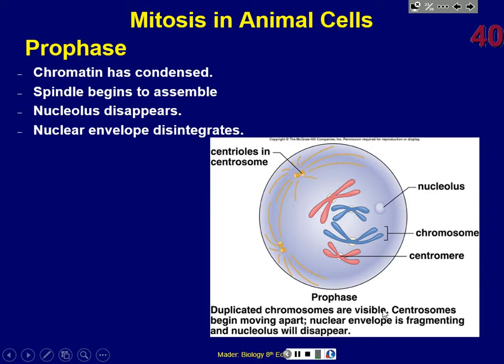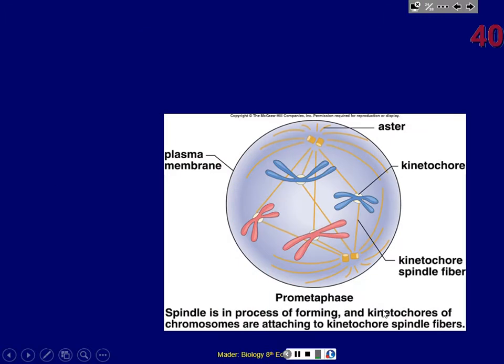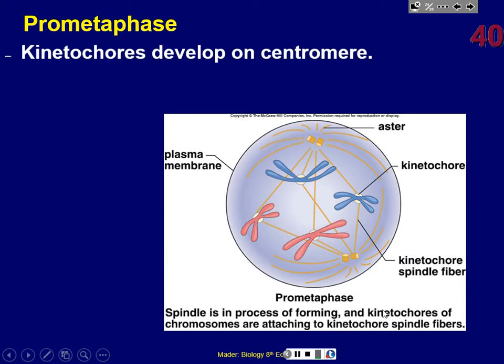So when that happens, we say that the cell has progressed to prometaphase. Okay? In prometaphase, we get these structures that form on the centromere called kinetochores. The kinetochore is what's going to attach to the spindle fiber.